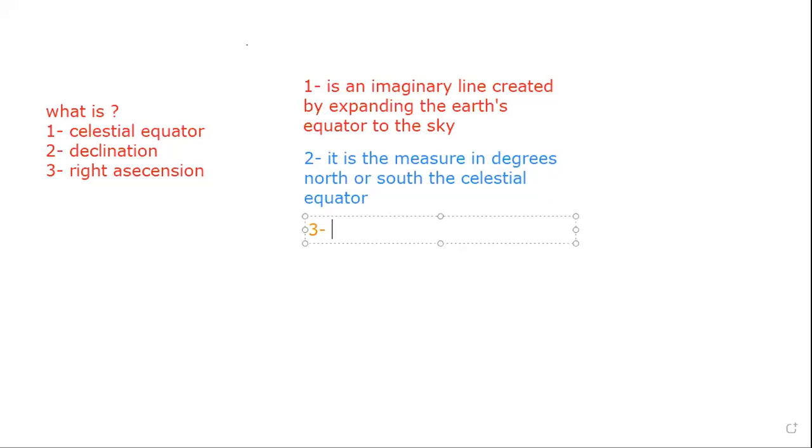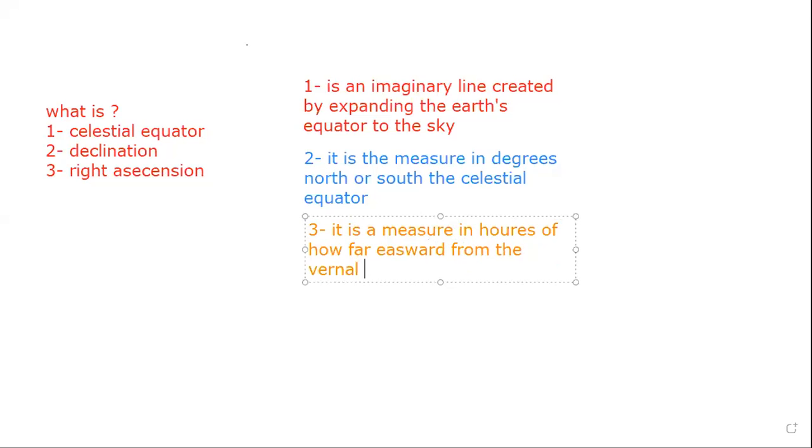So here we have a very important question. What is the vernal equinox? Think about this while I'm writing the answer. So we said that it is... So who can tell me what a vernal equinox is, guys?